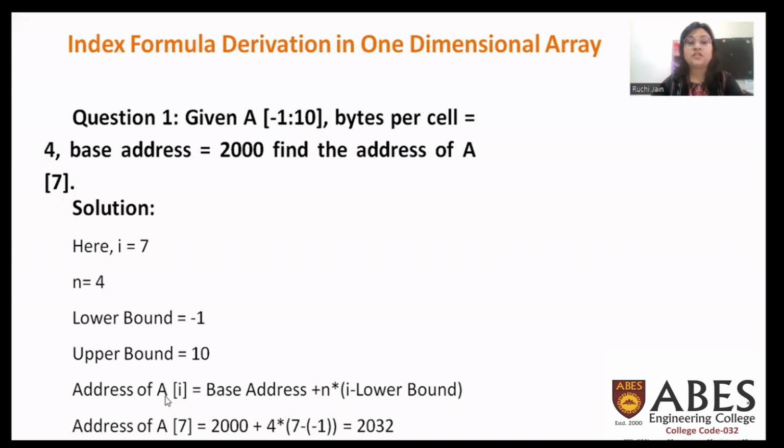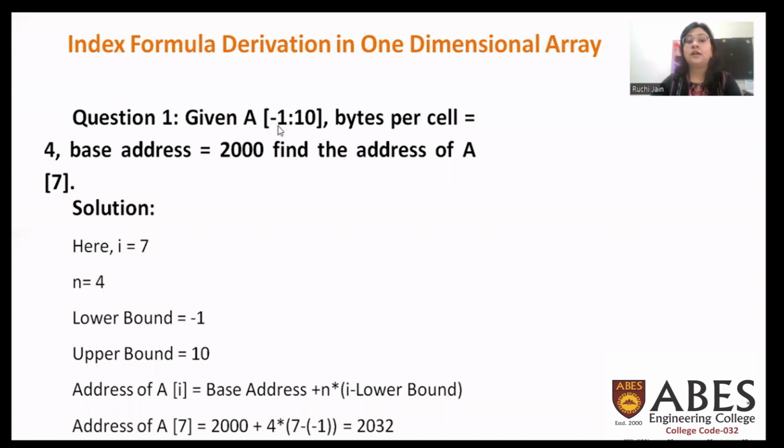Then the formula is address of Ai equals base address plus n into (i minus lower bound). Address of A7 equals 2000 plus 4 into (7 minus (minus 1)). 7 is i and the lower bound was minus 1. We calculate this and get the answer 2032. This is the example where the lower bound was negative.